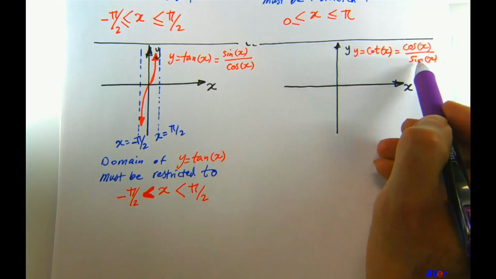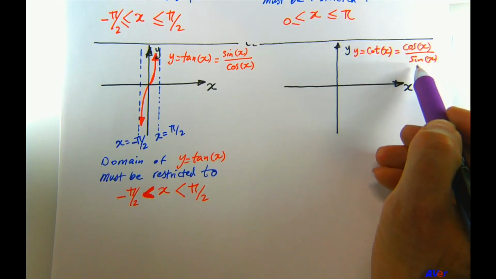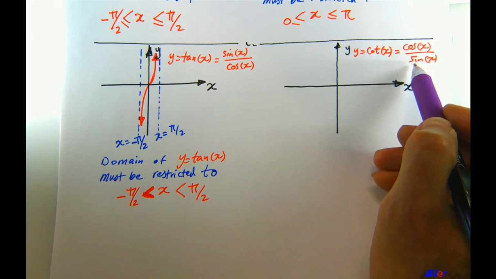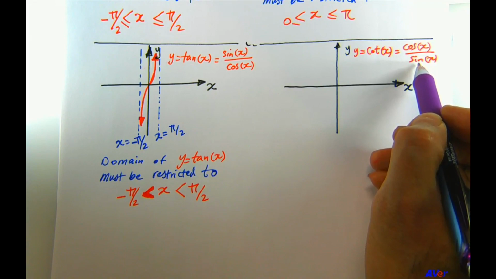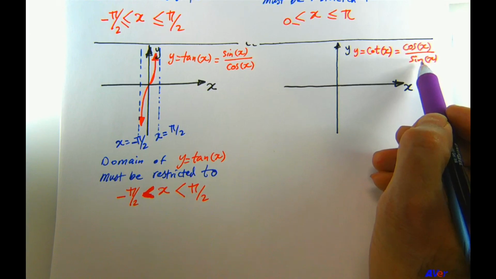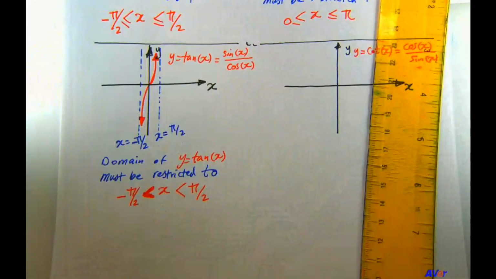But now I have a fraction, and sine of x cannot be equal to 0. But where is sine of x equals 0? Because I need that information in order to know where my vertical asymptotes are. Well, the sine function is 0 at x equals 0. It's 0 at x equals pi, 2 pi, 3 pi, and so on and so forth, right? So here is one of the asymptotes.